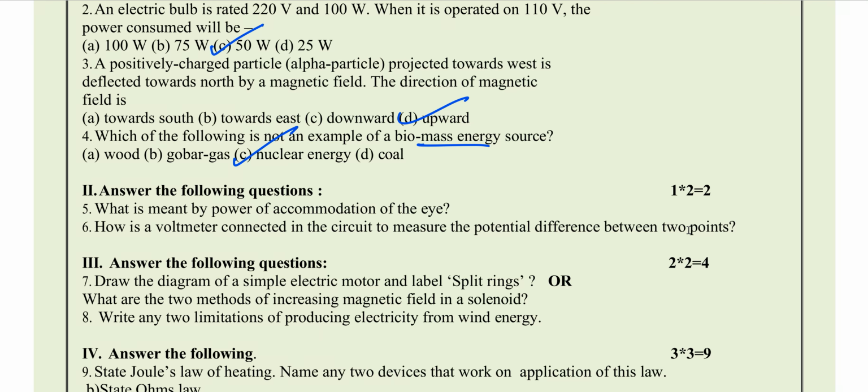How are ammeter, voltmeter, and fuse connected in a circuit?